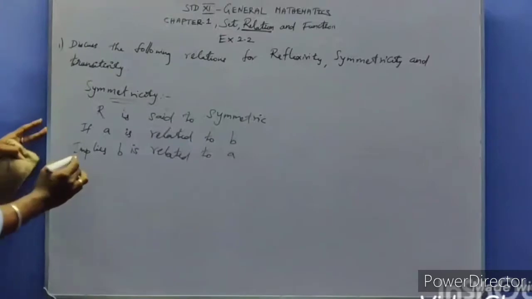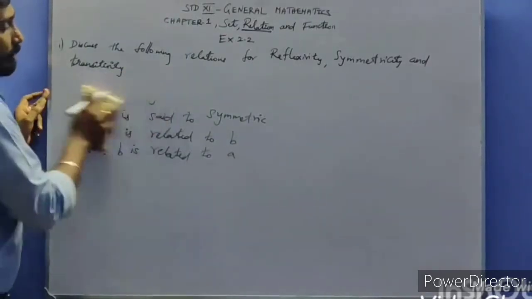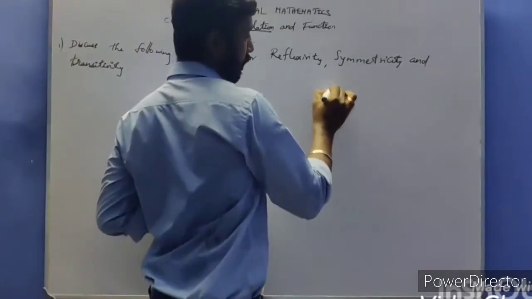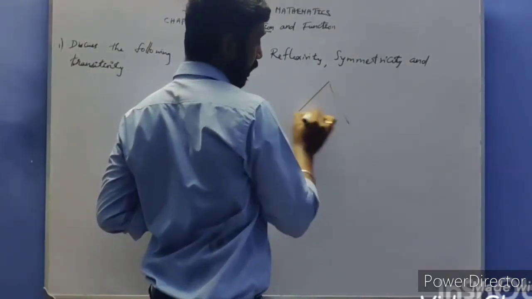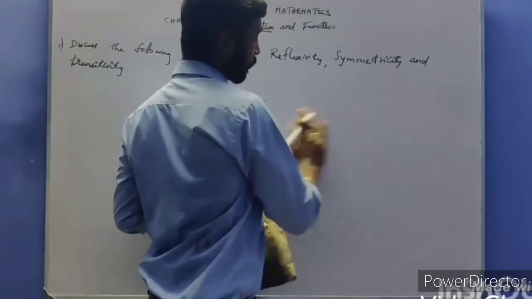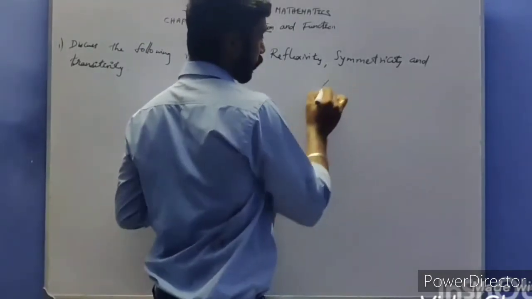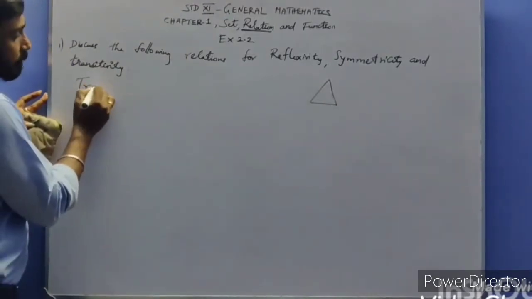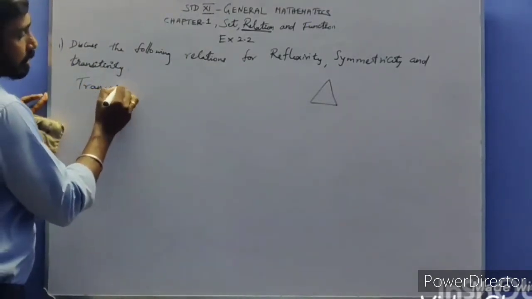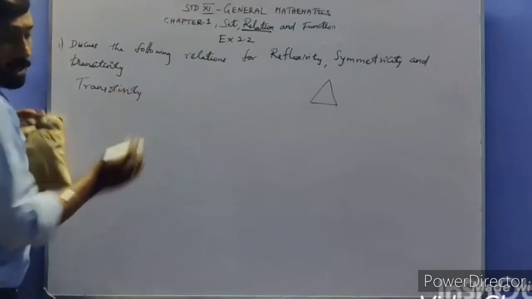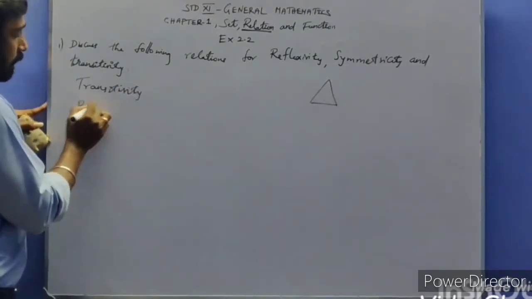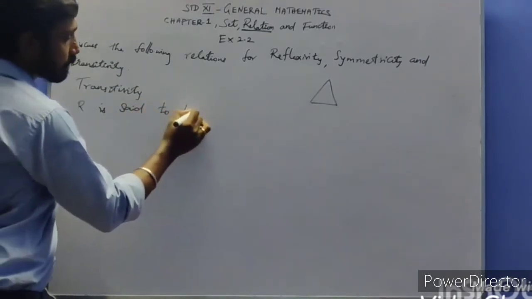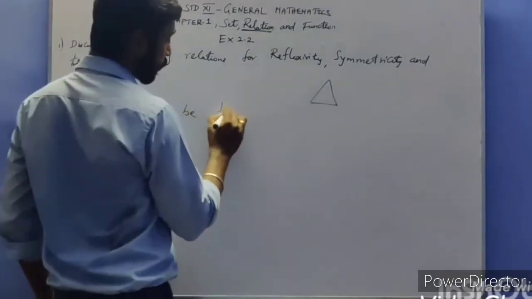Okay. Next we are going to see transitivity. It looks like a triangle. So see the condition, listen here. What does transitivity mean? R is said to be transitive.